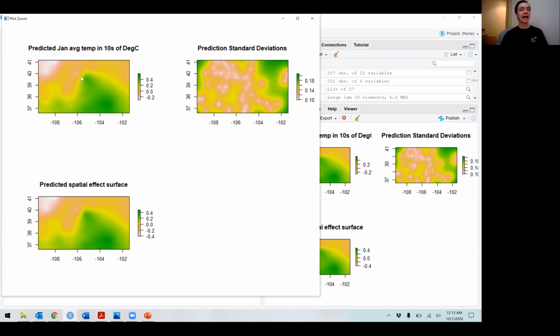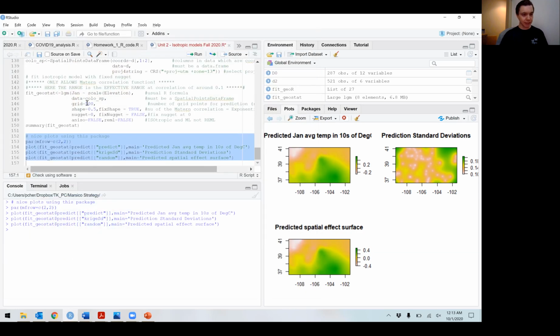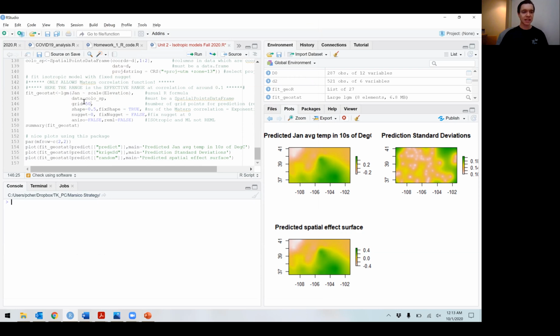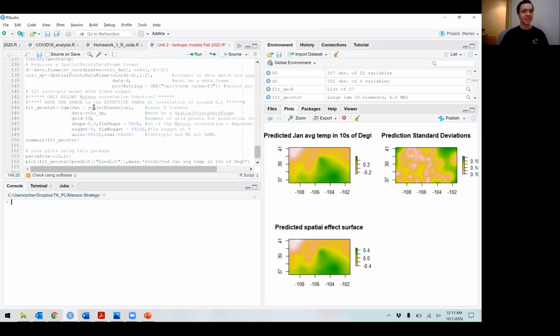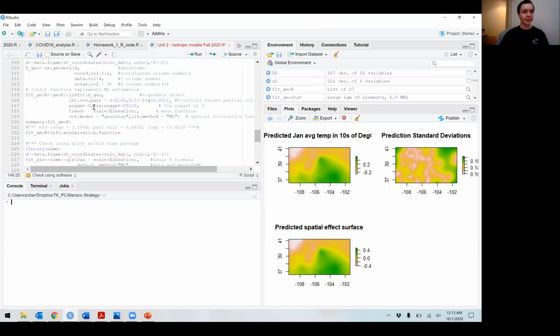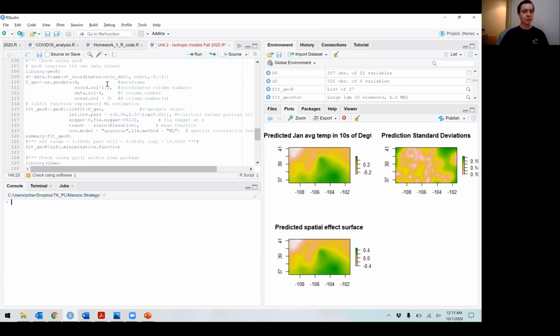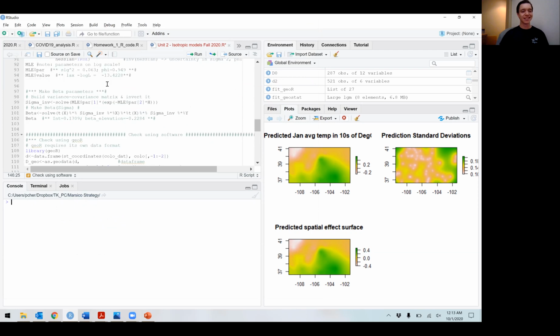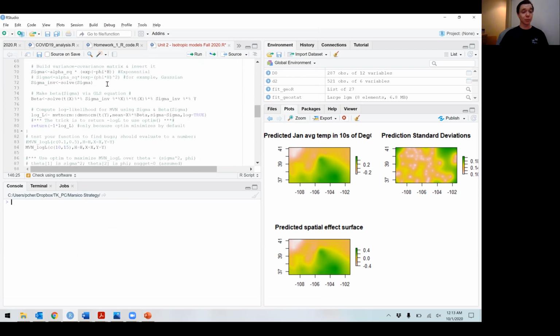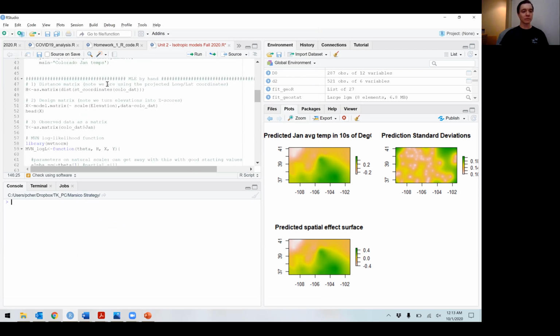I don't know, but you can play around, and by using this grid, we can make very good looking plots. All right, so that's 3 packages. I'm sure there are others, but these 3 give us a good range of what is out there in terms of isotropic models for point reference data.